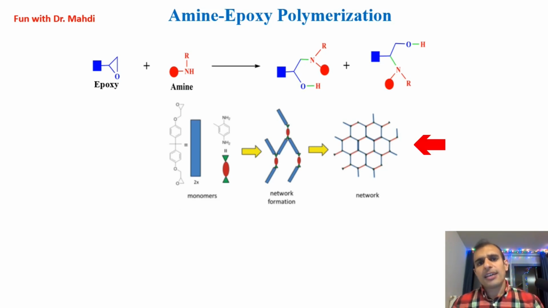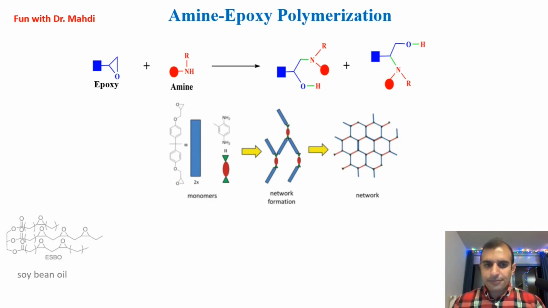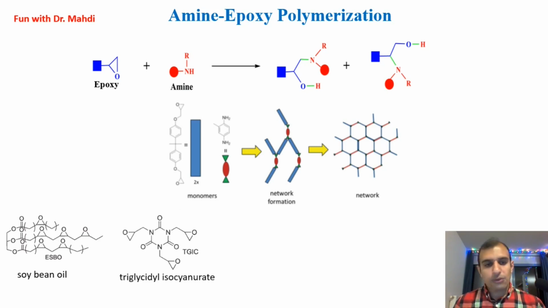I mean there are many compounds with epoxy or amine groups that can be used for polymerization. Here I would like to give you some examples. For example, soybean oil. It's a monomer, and in the structure of soybean oil, you can find 6 epoxy groups. Or, for example, we can use triglycidyl isocyanurate with 3 epoxy groups.